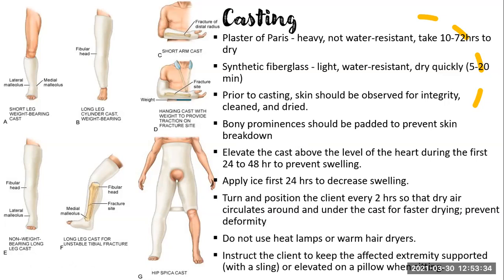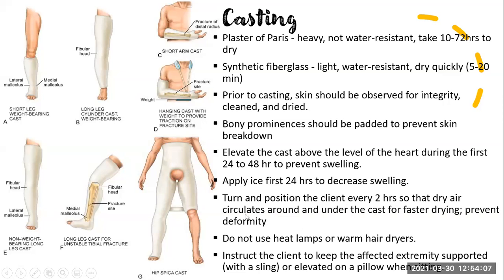Elevation, ice. You're not going to apply heat to enhance swelling. If you apply heat, like we talked about with exam 4, it's going to cause vasodilation and thus increase swelling. So ice is going to be your best friend. If they have this plaster cast, then we need to turn and reposition them every 2 hours so that the dry air circulates and the cast dries faster.